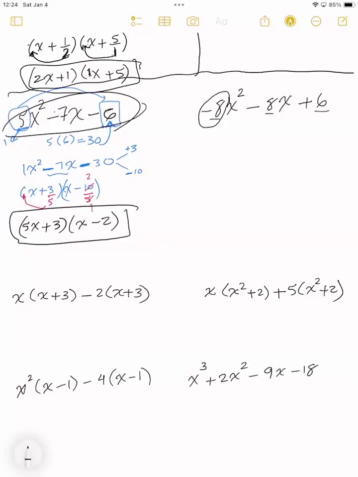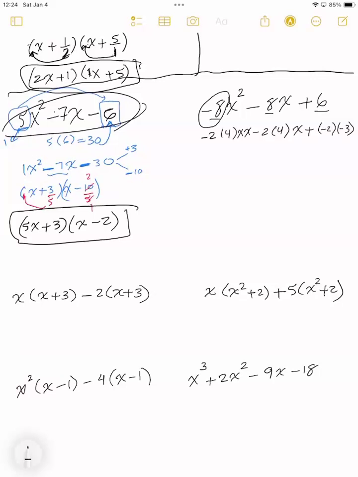So negative 2 is my greatest common factor. And I can write this as negative 2 times 4, x and x. I can write this as negative 2 times 4x, and I can write this positive as negative 2 times negative 3, because negative times negative is positive.